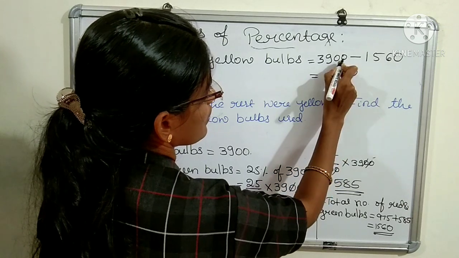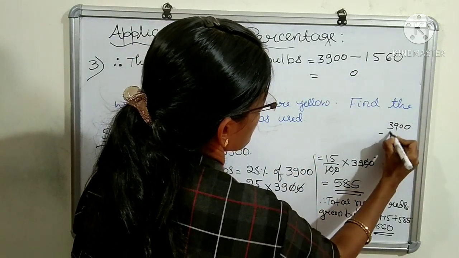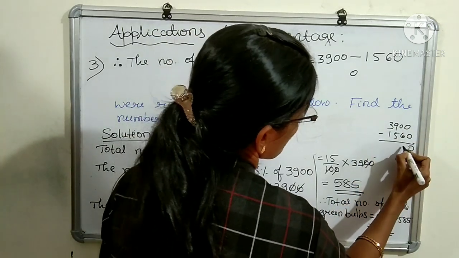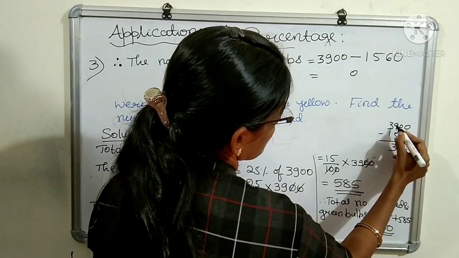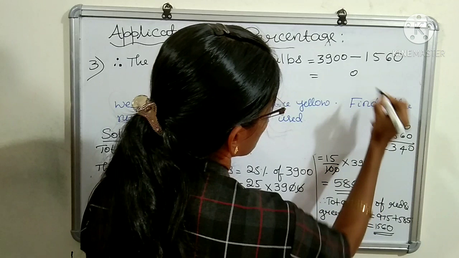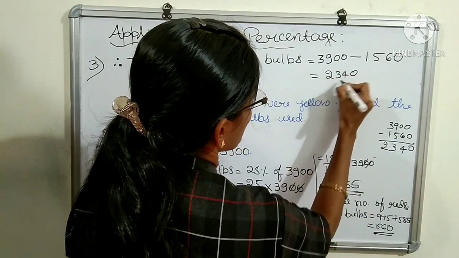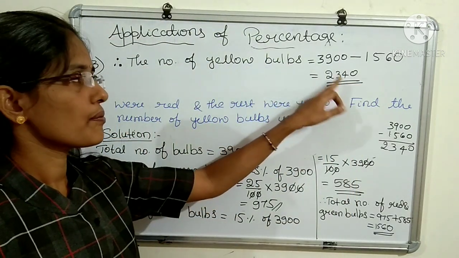Here 0. 10 minus 4, 6, 4. Here 8 minus 5, 3. Here 3 minus 1, 2. So answer 2,340. That is the total number of yellow bulbs.